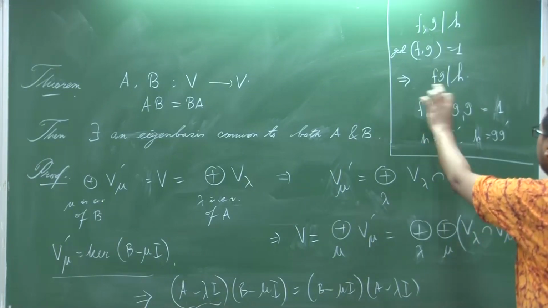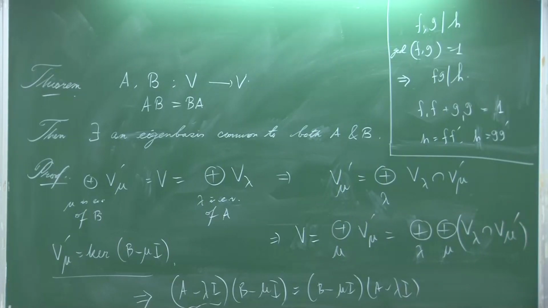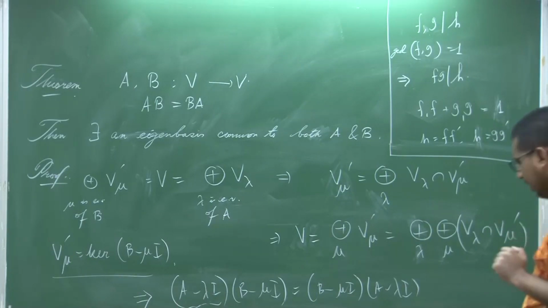Somehow you have to use this, and let me see if I can see something that can be done or not. Somehow I have to bring f times g. To do it for f times g, I need to somehow multiply these f and g, as usual, leave it.